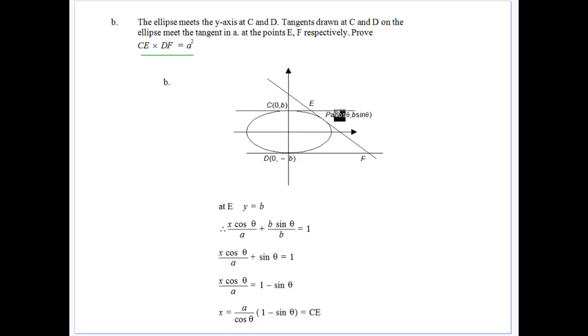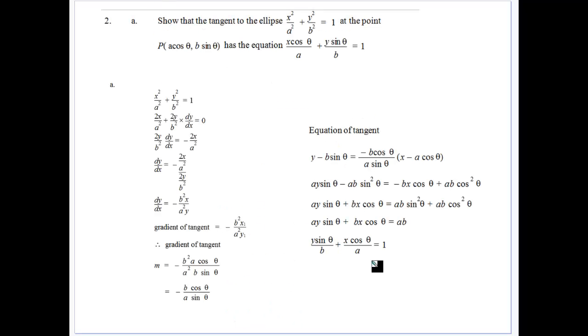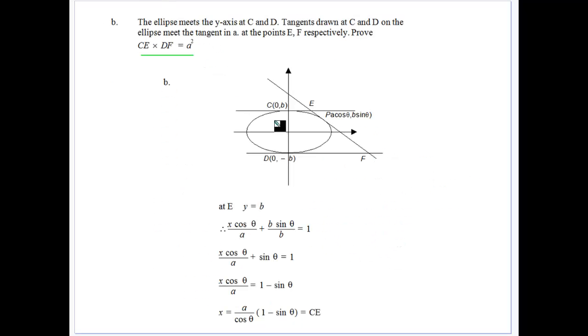Okay, drawing it up. There's our tangents where the ellipse meets the y-axis. There's our tangent we got from part A, so there's the equation of the tangent there. We know it meets the ellipse at the point A cos theta, B sine theta. So what we need to do is find the points E and F where it cuts those.